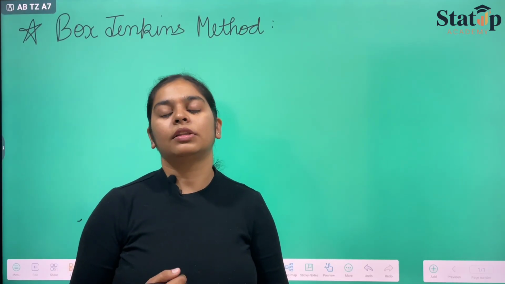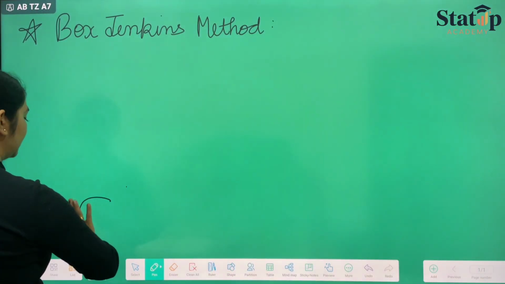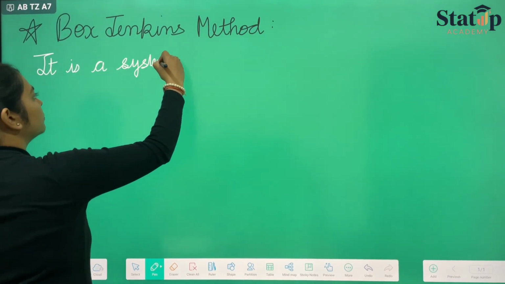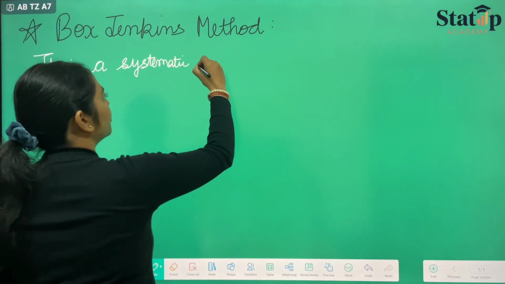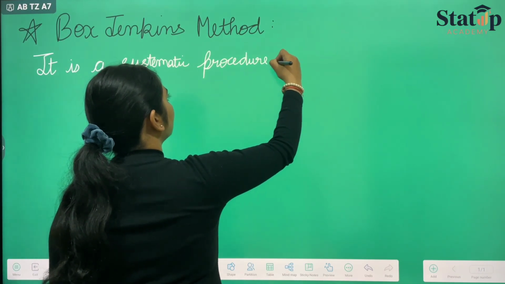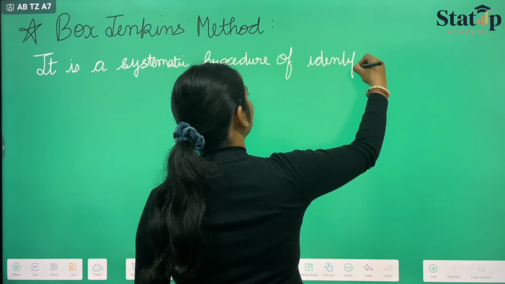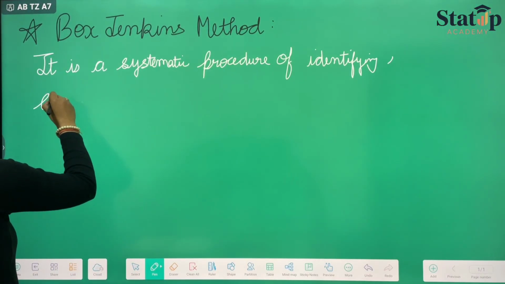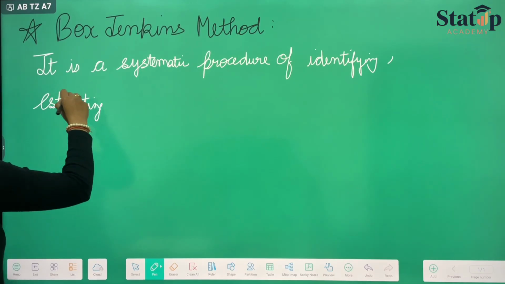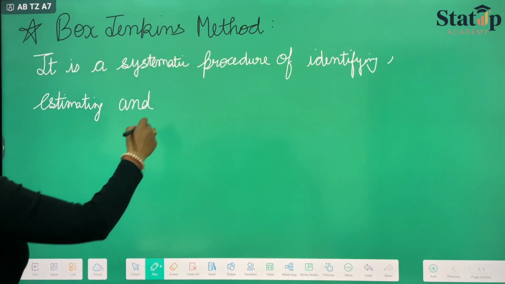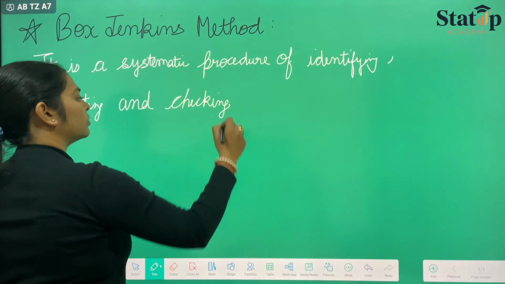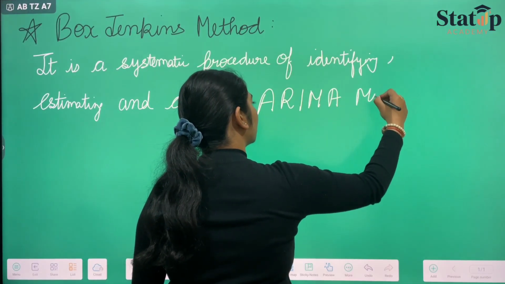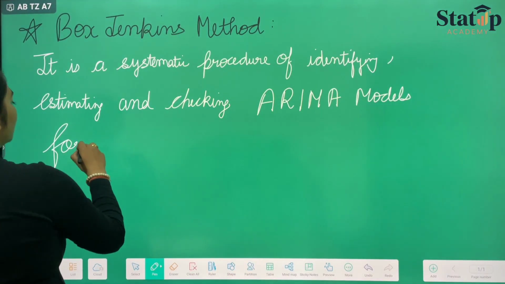So there are four major steps in this Box-Jenkins method. First of all, if we describe it, it is a systematic procedure of identifying, first is identifying, second is estimating, and checking ARIMA models for time series forecasting.